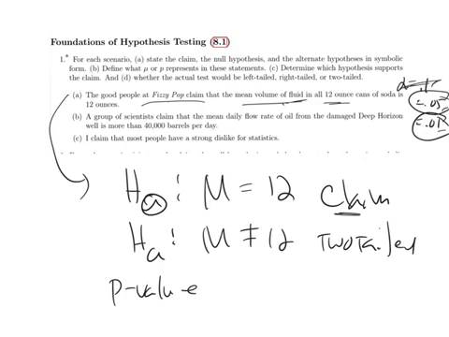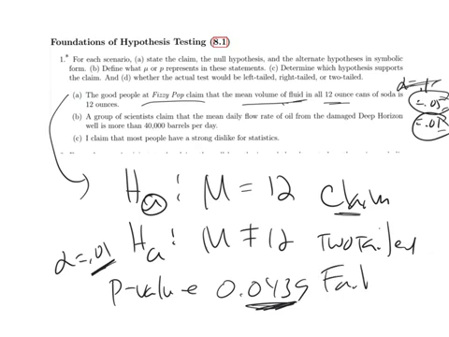We're probably going to go with a 0.01 level of significance, and if our p-value was, let's make something up, 0.0439, that's the probability that the sample result was that far away from 12, and we're using this as the unusual cutoff. Well, that's not unusual, so we would fail to reject H0 in this case because the p-value is bigger than our level of significance.